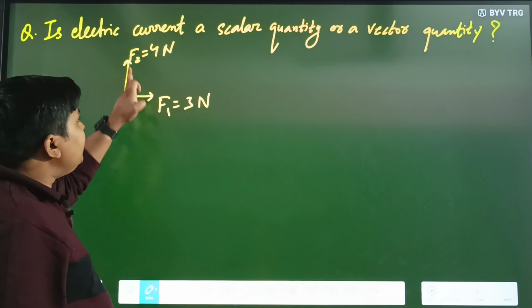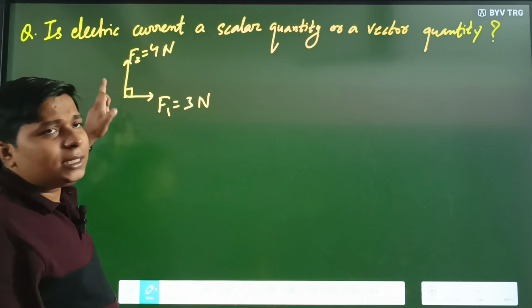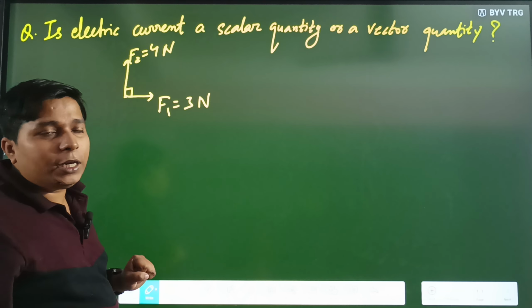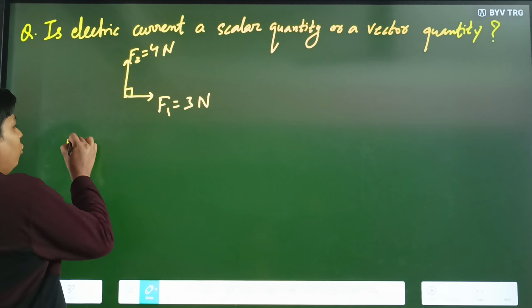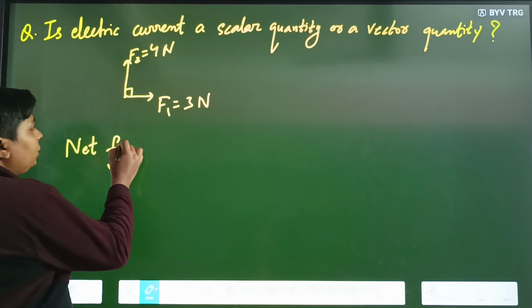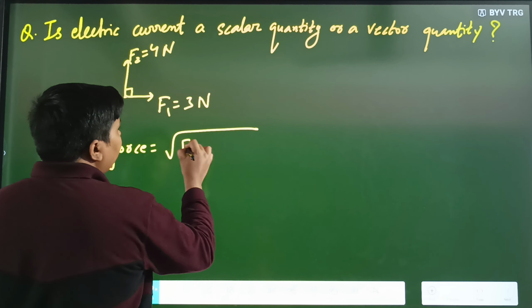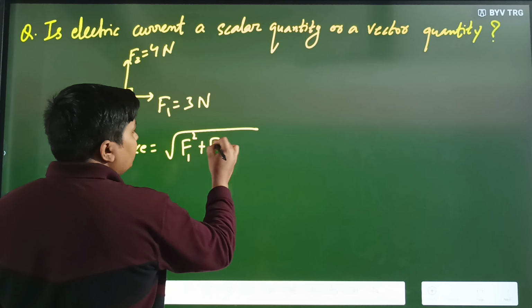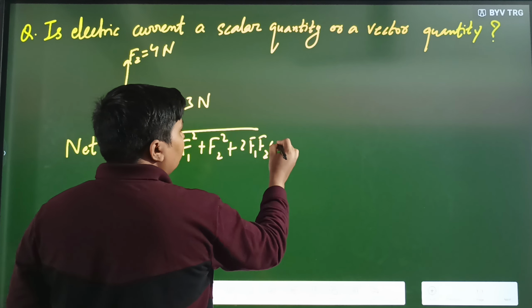Should we add these two forces algebraically? No. Actually, since force is a vector quantity, we have to follow the vector laws of addition. Here, the net force acting at this point will be under root F1 square plus F2 square plus 2 F1 F2 cos theta.